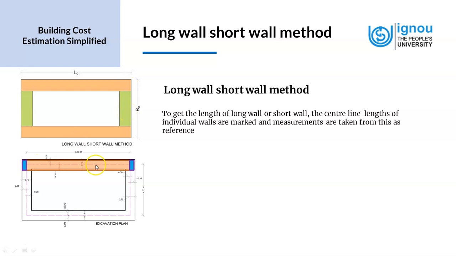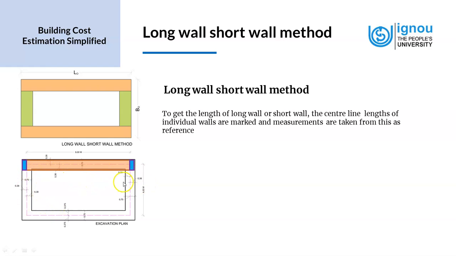The central line is a line that is running through the center of the wall. It's an imaginary line, and we refer to this in a plan, and in a plan which is symmetrical, and in a foundation which is symmetrical, the central line of the wall, the central line of the plinth, and the foundation are all the same.